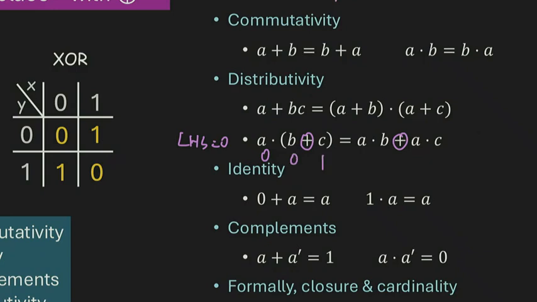0 and 1. Indeed, 0.1 gives you 0 on the left-hand side. So if I plug that value into the right-hand side, 0 and 0, XOR 0 and 1, the parentheses essentially happen over there, and this gives you 0 XOR 0, which is also 0. Let's try A equals 1, B equals 1.